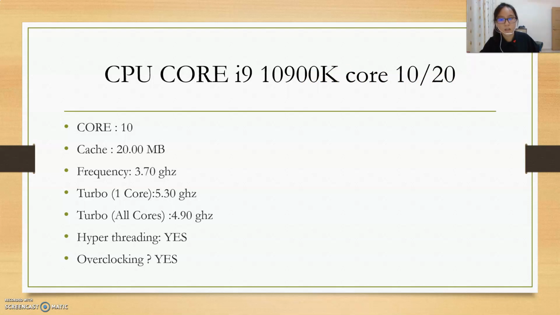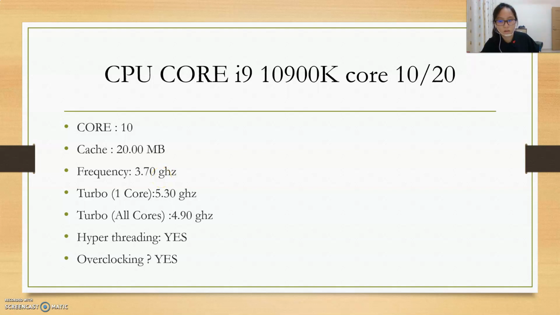The i9 10900K features 10 cores, and it has a total cache of 20 MB. The chip has a base frequency of 3.7 gigahertz.